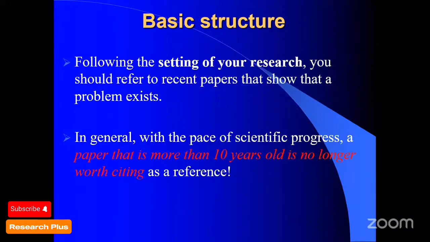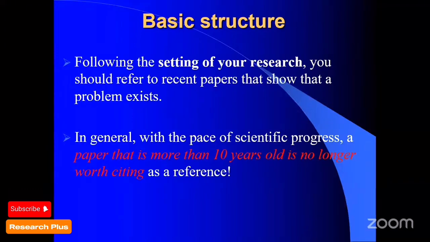So following that setting of your research, I think the next thing is to refer to recent papers. Most of the papers that we are supposed to cite in doing the literature review, it's expected that before you write the introduction section, you should be fairly versed with that research area or topic in terms of the recent studies that have been found, what were the positive findings, what were the negative findings, what were the controversies, especially in the context of the area where you are doing the research.